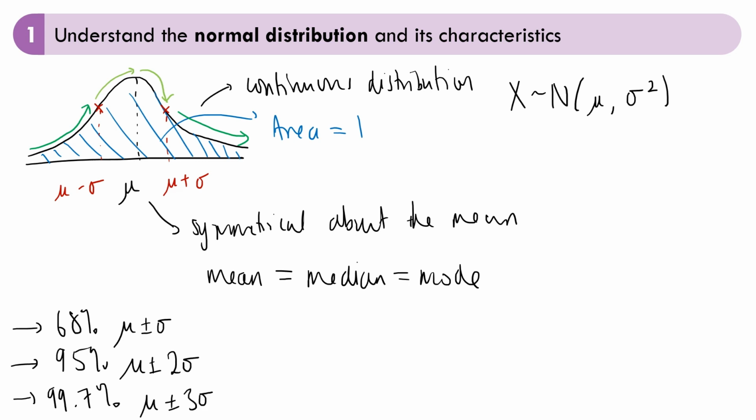And just a little note here, although a normal random variable can take any value, in reality observations a long way from the mean have probabilities close to 0, as you can see as the curve starts to level off on both sides.